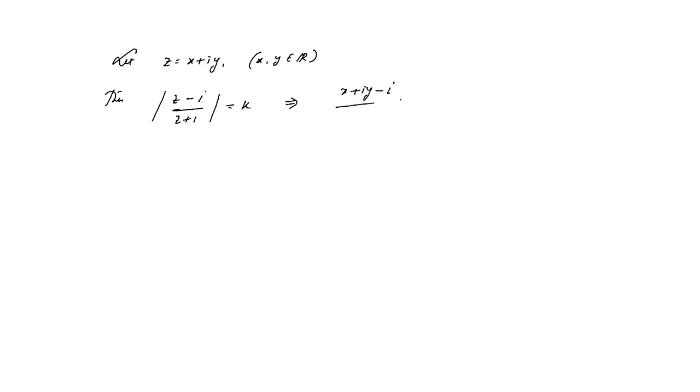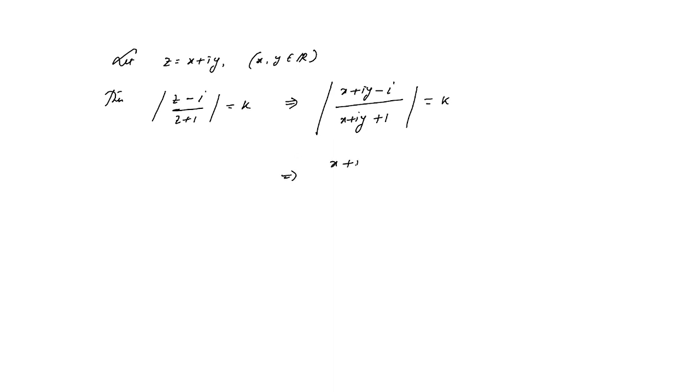How will we prove it? Let z equal x plus iy, where x and y both are real numbers. Then mod of (z minus i) by (z plus 1) equals k. That implies the modulus of (x plus iy minus i) by (x plus iy plus 1) equals k, just putting the value of z.